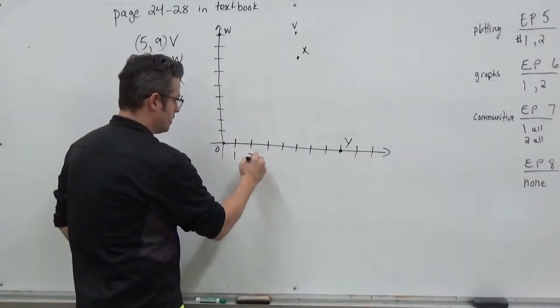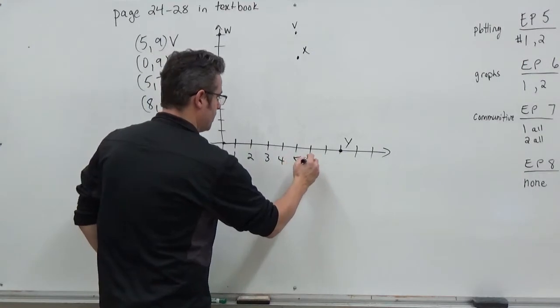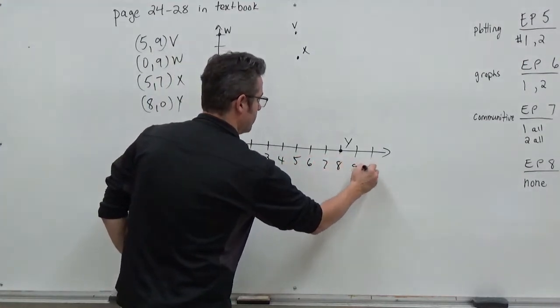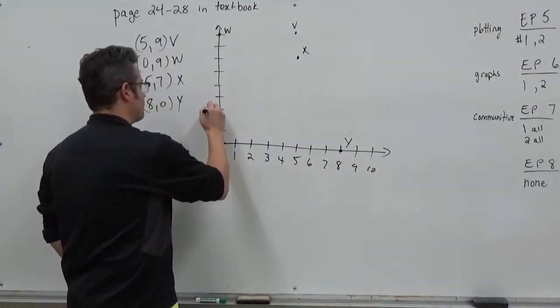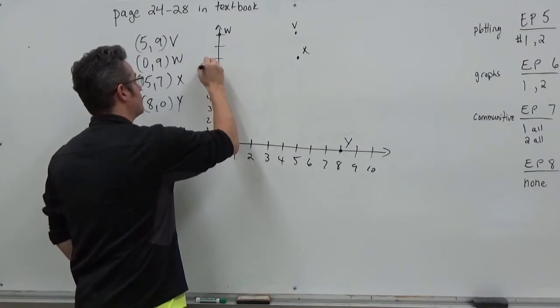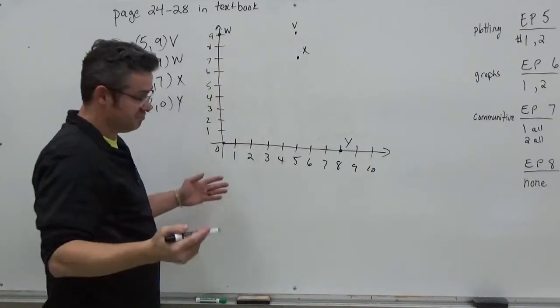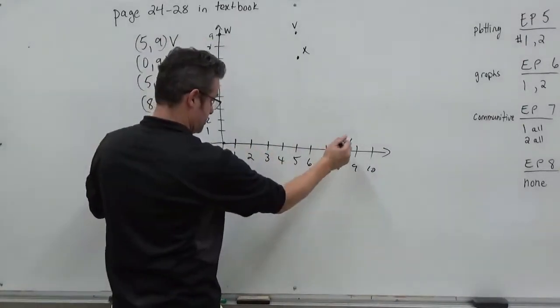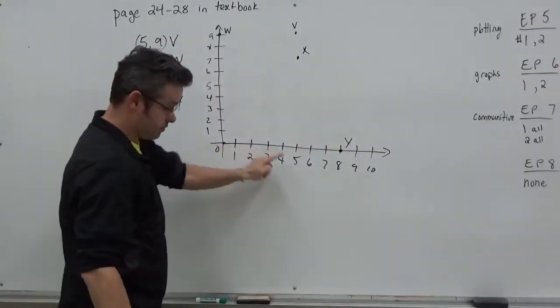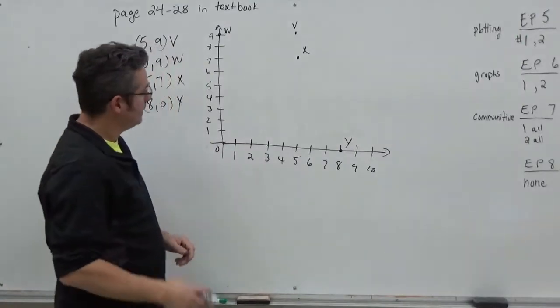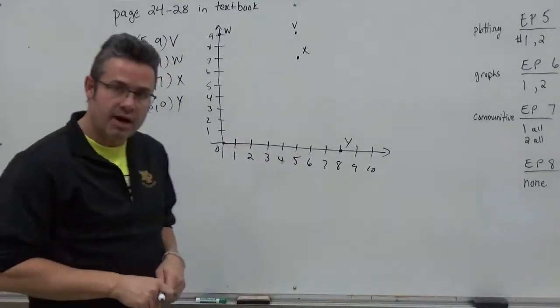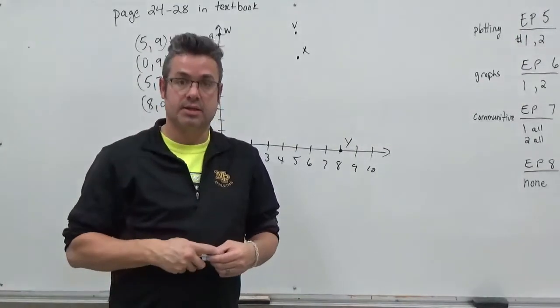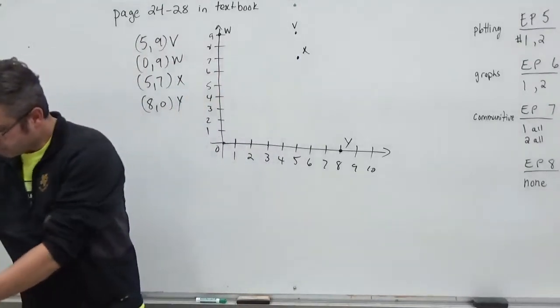So I could go 1, 2, 3, 4, 5, 6, 7, 8, 9, 10. That way I don't have to count each time. When I see it's (8, 0), I just go 8, 0, boom. So that can help me. But using graph paper is going to be really important to make this as simple as possible.